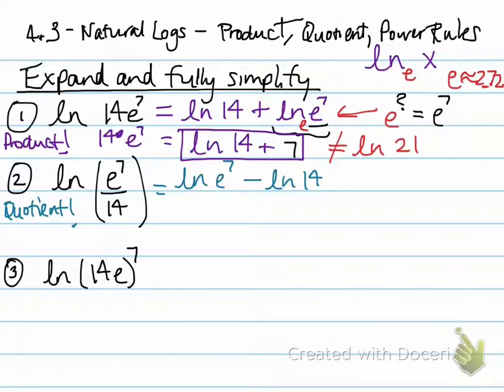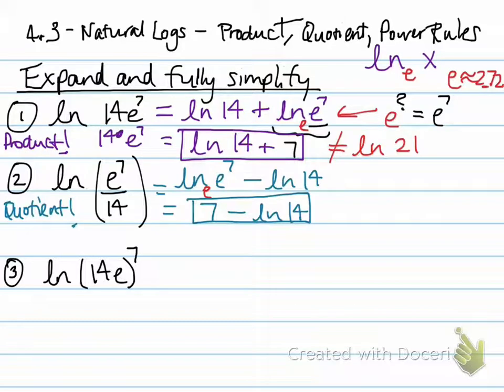And just like what we did before, we want to simplify this wherever we can. We just said upstairs that because the base of a natural log is e, this first term, natural log of e to the 7th, is going to simplify just to a 7. And then we'll pull down the natural log of 14. So that would be our final answer for number 2.